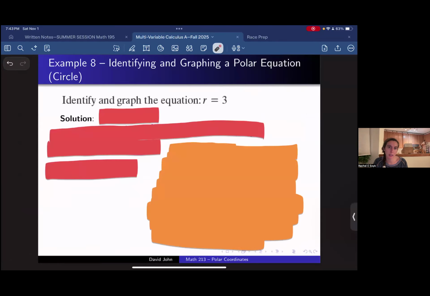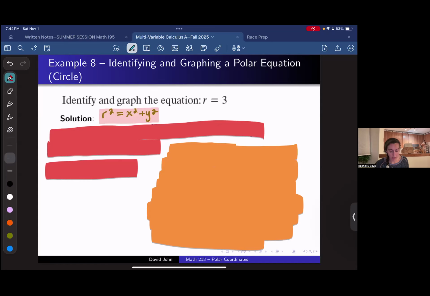Right, and now we are on to our example 8, where we are identifying and graphing a polar equation, and we actually have a circle here. So they give us a nice little hint. We have our equation r squared equals x squared plus y squared.